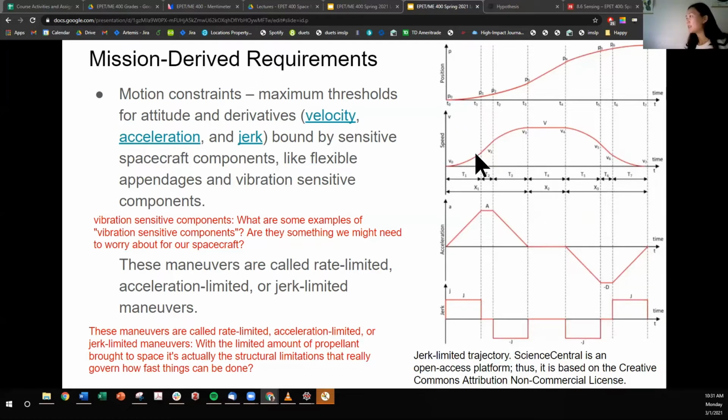So the velocity here looks like so, where the maximum velocity occurs between V3 and V4. This is the angular rate. This is the rate limited, where capital V is the limitation on rate.